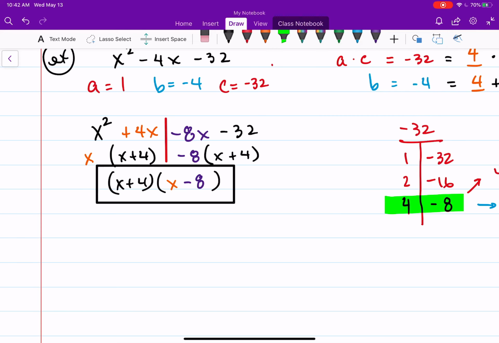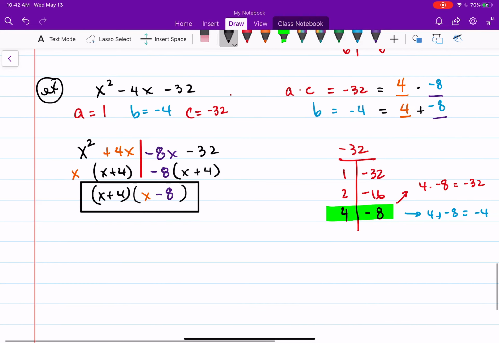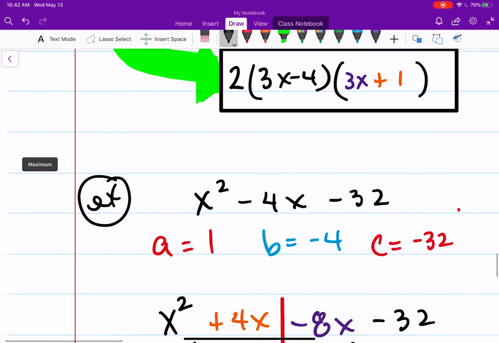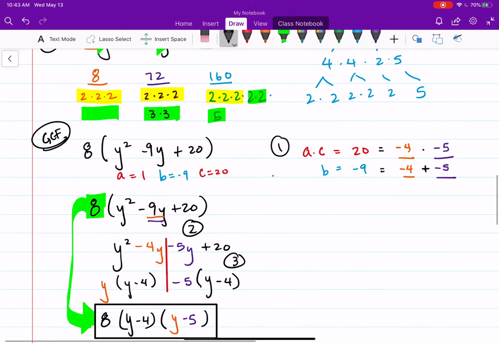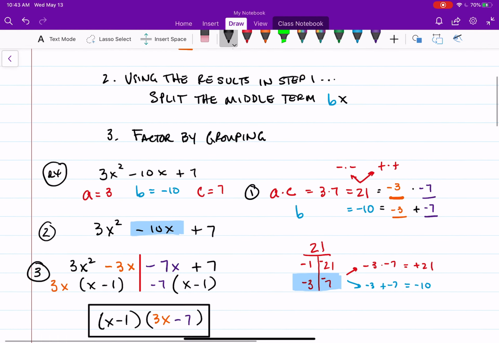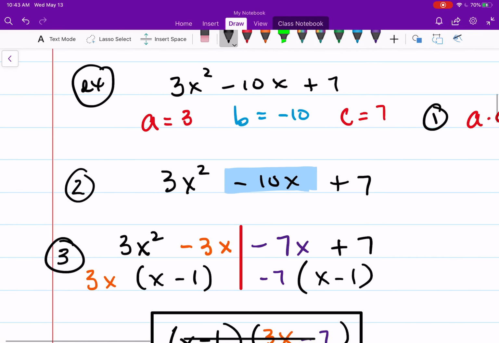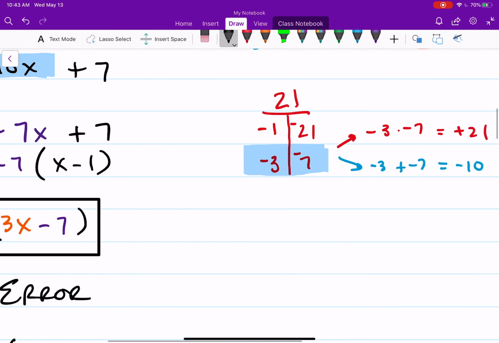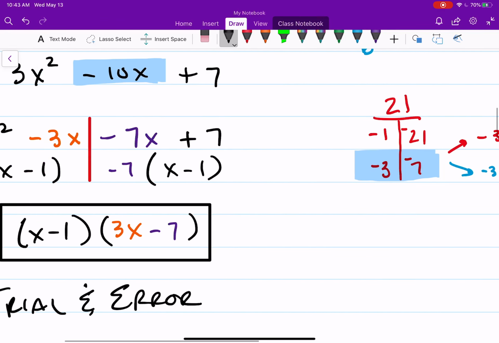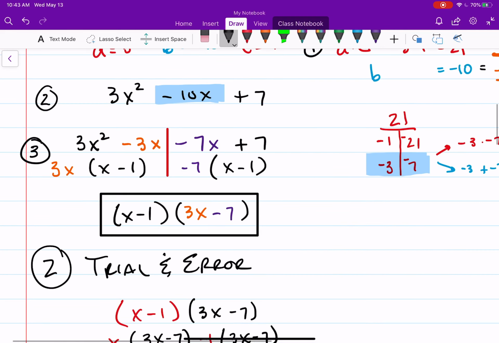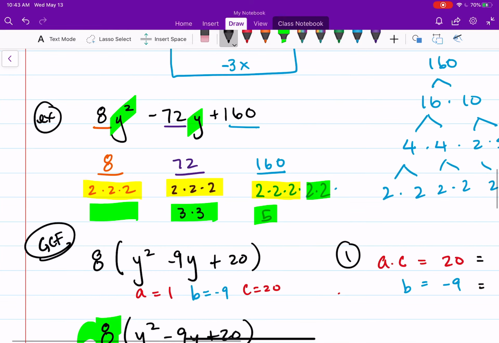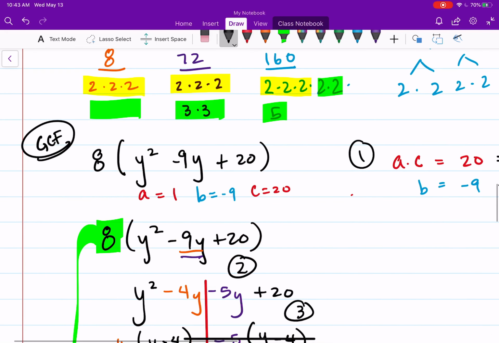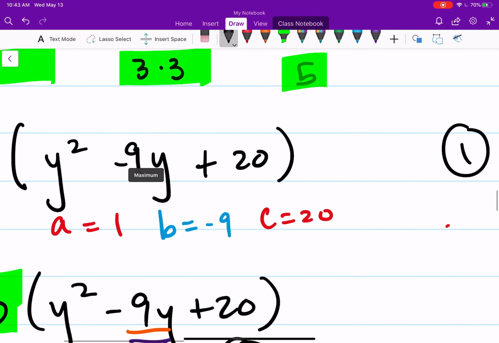Now, with that being said, let's see if you guys made it this far into the video. Here is the key, okay? If you notice so far, let's go back. A is equal to 3. I find these two numbers, and I get to here. A is equal to 8, but when I took out the GCF, a in this trinomial is equal to 1.